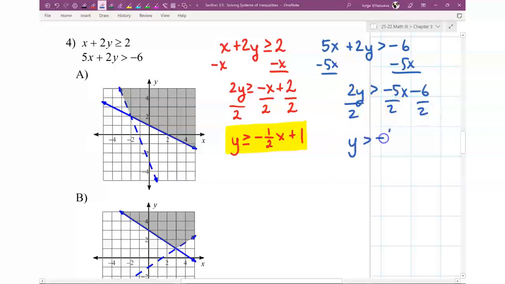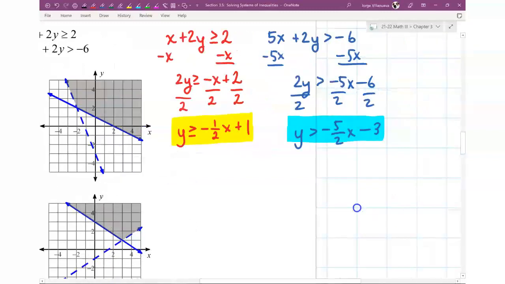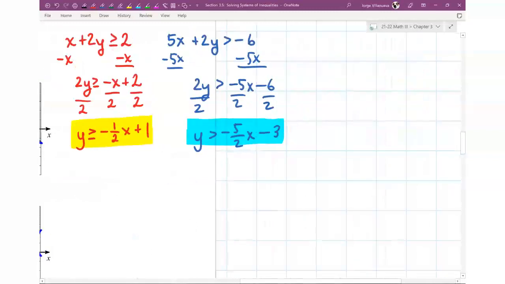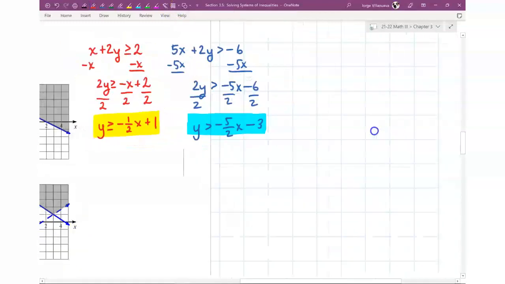Y greater than negative 5 halves x minus 3. I'm going to highlight that one, like I said, blue, because that way when the colors mix together, I'll see a green pop up. I'm going to move this a little bit more to the right side here, so I can draw myself a grid. Let me zoom out just a bit.